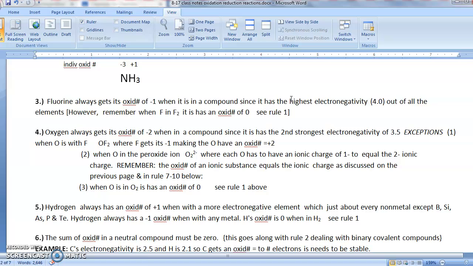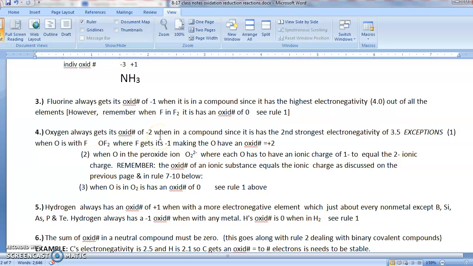The element in a compound that has the highest electronegativity is the one we assign first. So fluorine would have a -1. It's in family 7. It needs 1. The only time fluorine doesn't get a -1 is when it's with another fluorine in F2. In that case, it would be 0, as we mentioned in rule number 1.